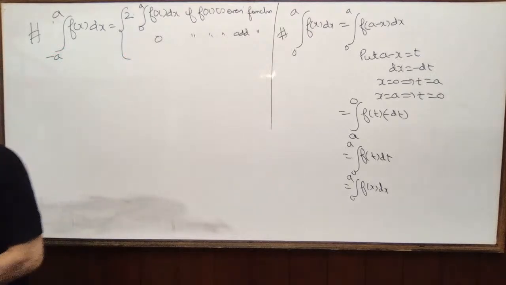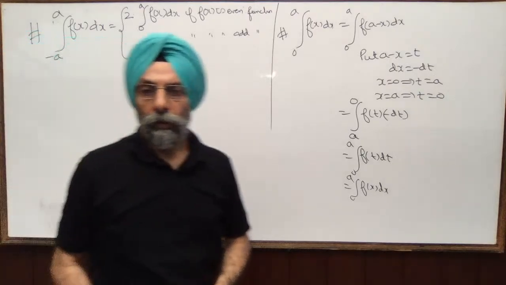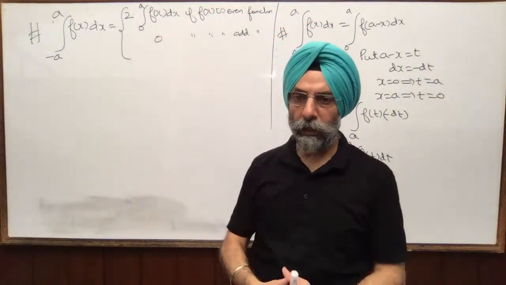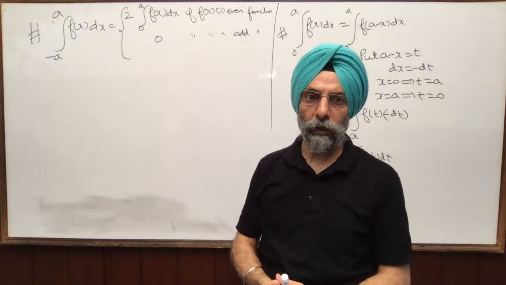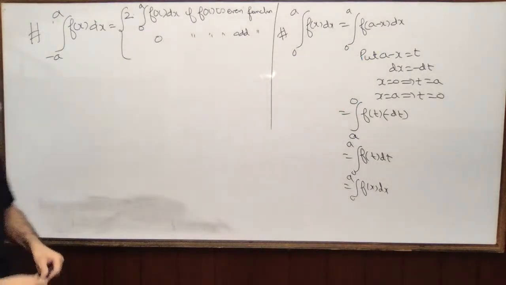Note करो बेटे. So this is 2 times the integral from 0 to a of f(x) dx if f(x) is even, and is 0 if it is an odd function. So let me prove this today.